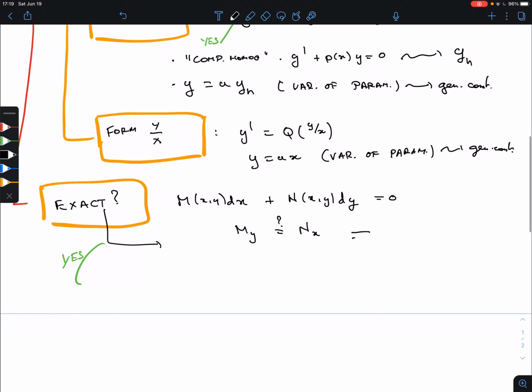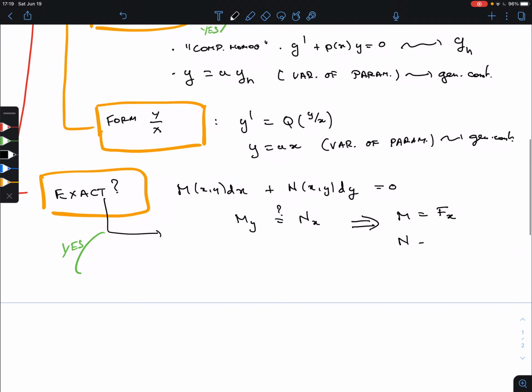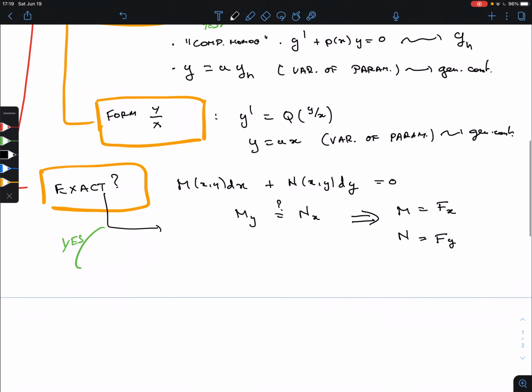Okay, so if yes, then we know what an exact equation means. It follows that M is the partial derivative of a function f with respect to x, and N is the partial derivative of f with respect to y, and it's this f that we find. So we want to find f such that these two things are true.